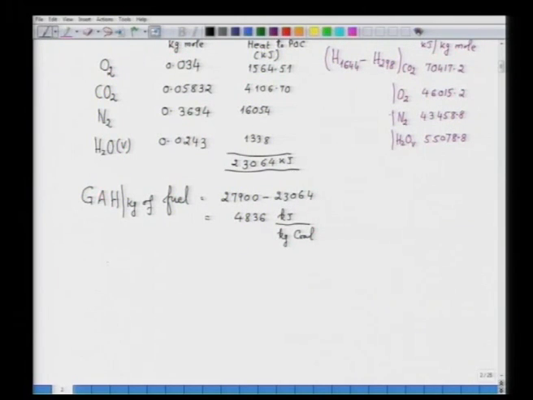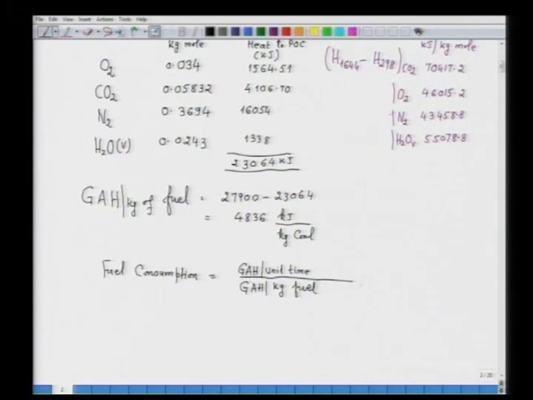Now, you know fuel consumption, I am repeating the formula, though I have given it at several places. Fuel consumption will be equal to gross available heat per unit time upon gross available heat per kg of fuel. So, we know both the values.